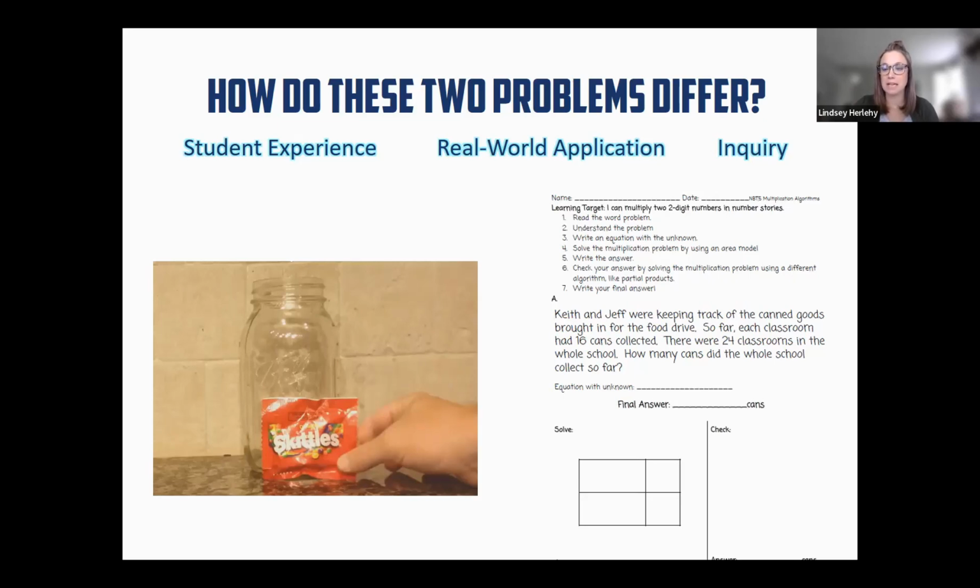They are immediately engaged in something that is interesting to them. It initiates questions about what is happening, and anyone can do it. Anyone can look at a video and come up with a problem. So in terms of the student experience, it is much richer and less intimidating than looking at a worksheet.